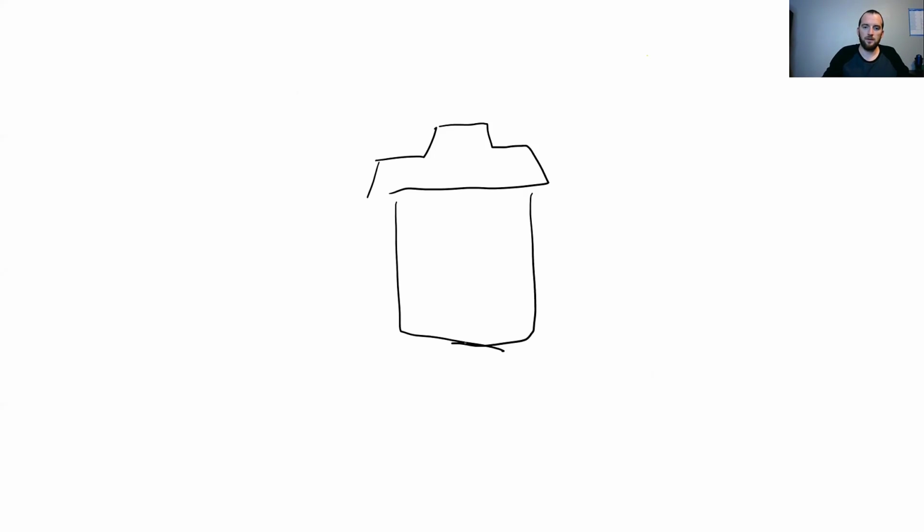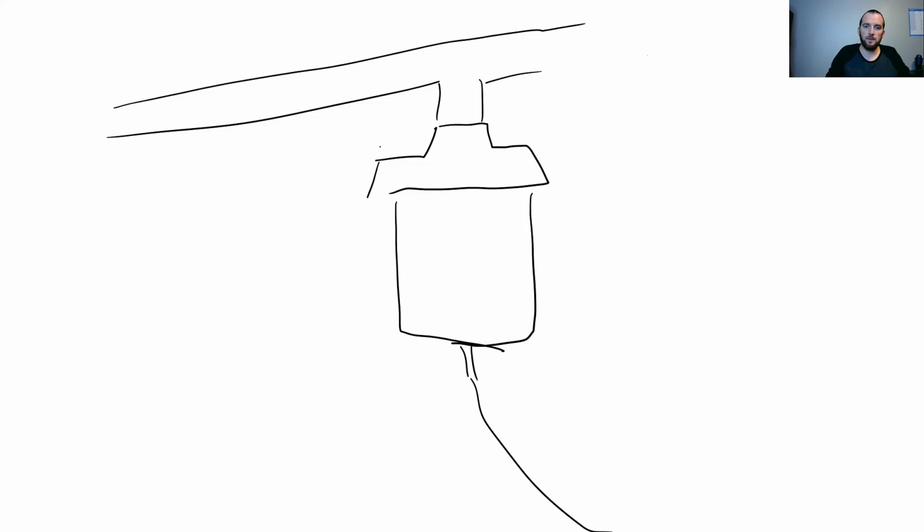That's where we hook our oxygen tubing up, and then it nebulizes it. That's the part that the patient breathes through. We put inside that chamber our 2.5 milligrams of albuterol and our 500 micrograms of Atrovent.